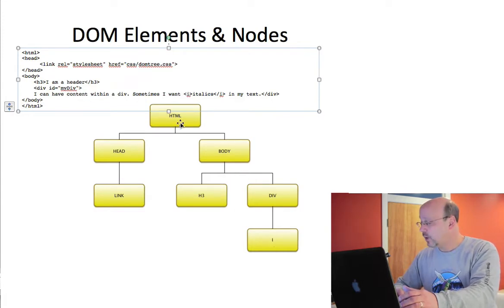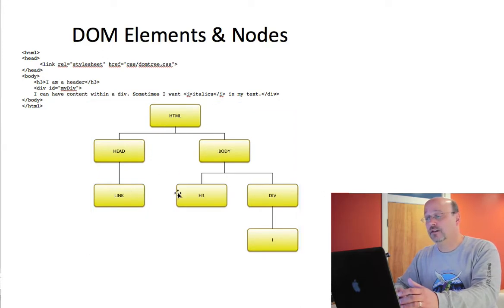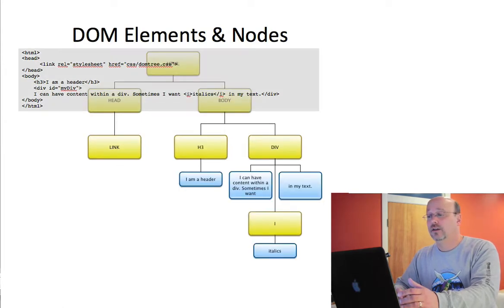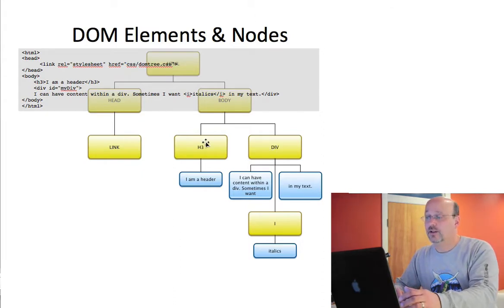And so in this way, we can actually walk from one node to another and find things in the document when we want them. Each box that we see on the document is referred to as a node. Now, there are different types of nodes that can appear in a document. The yellow boxes that you see here are element nodes, and basically these represent the tags that make up the HTML document.